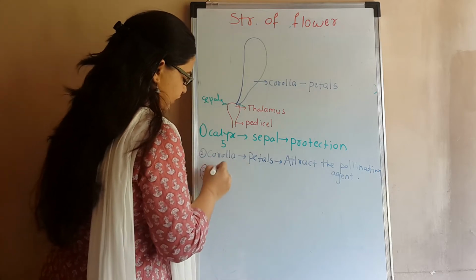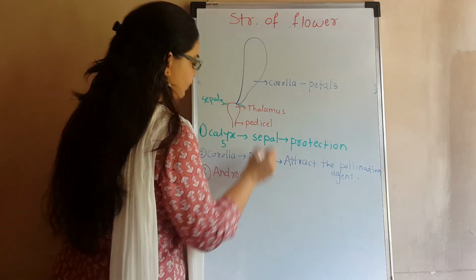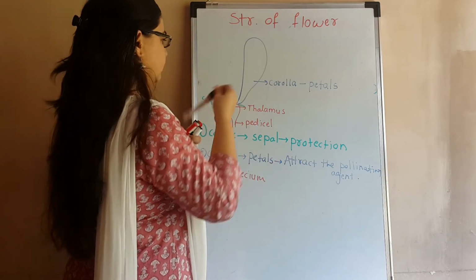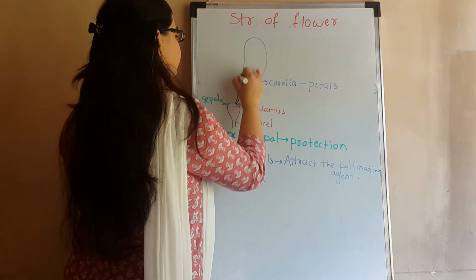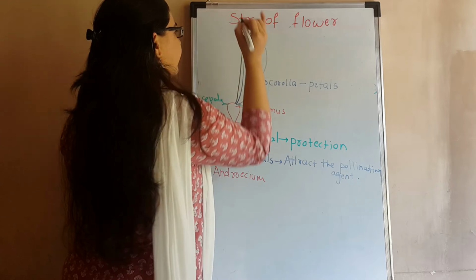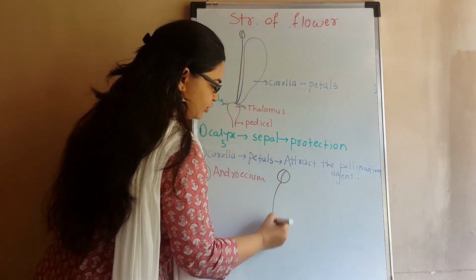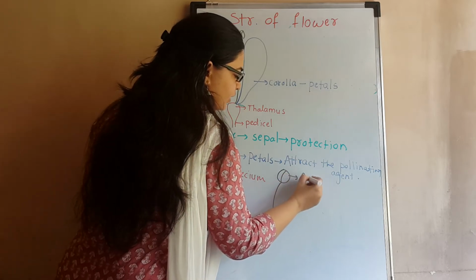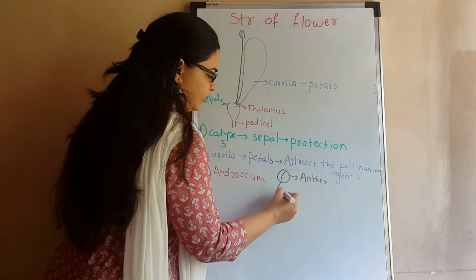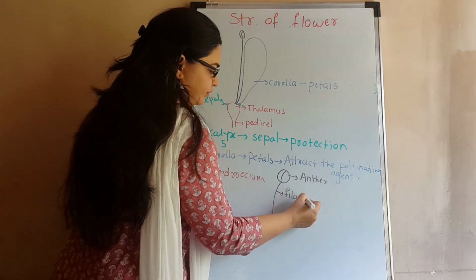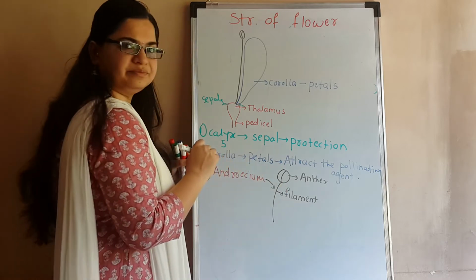The third whorl would be the androecium, next to the corolla. This is the androecium. Here it's an anther. These are the anther lobes, and here it's a filament, and collectively called the androecium.